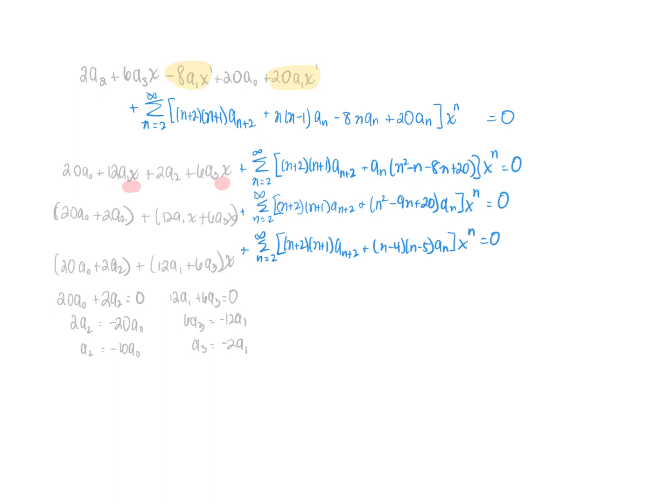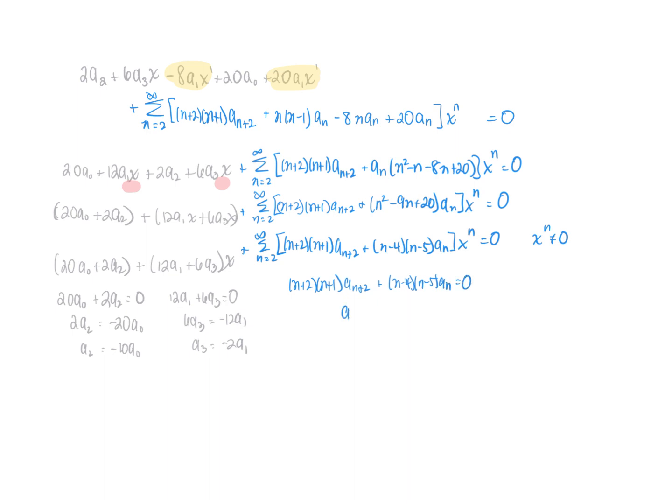And in the same fashion as the last problem, we know that x to the n is never going to be 0. So we're going to look at n plus 2 times n plus 1, a sub n plus 2, plus n minus 4, n minus 5, a sub n, and that's going to equal 0.